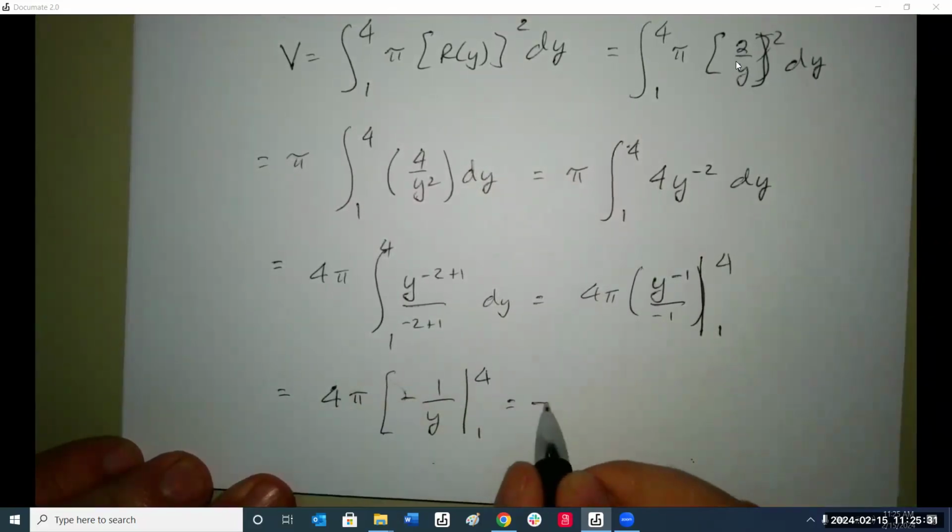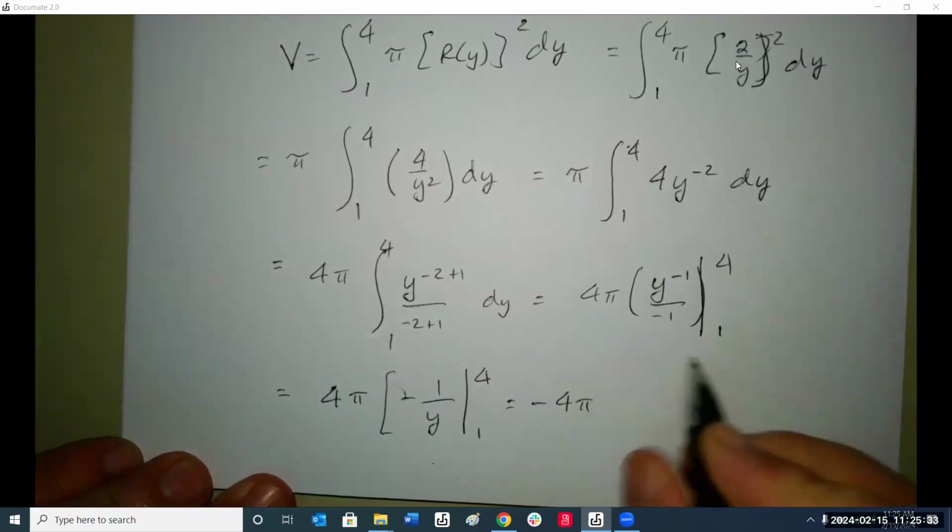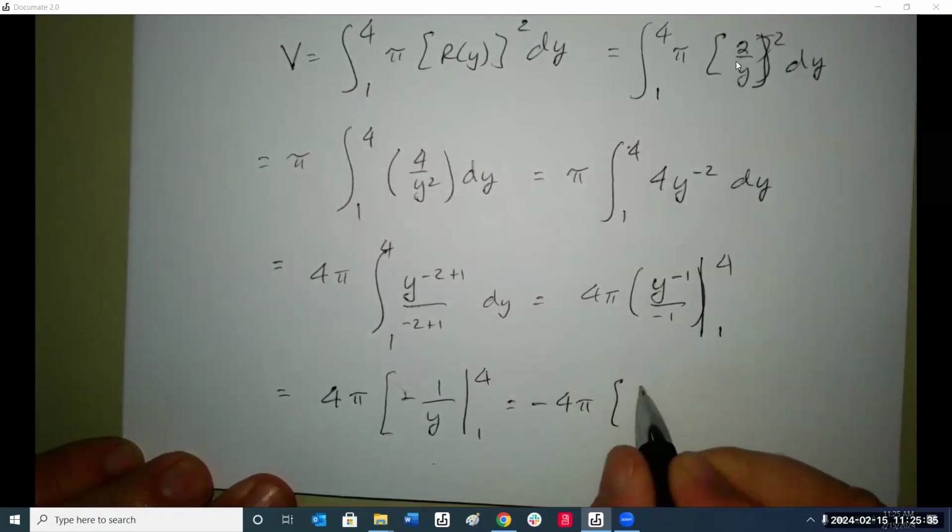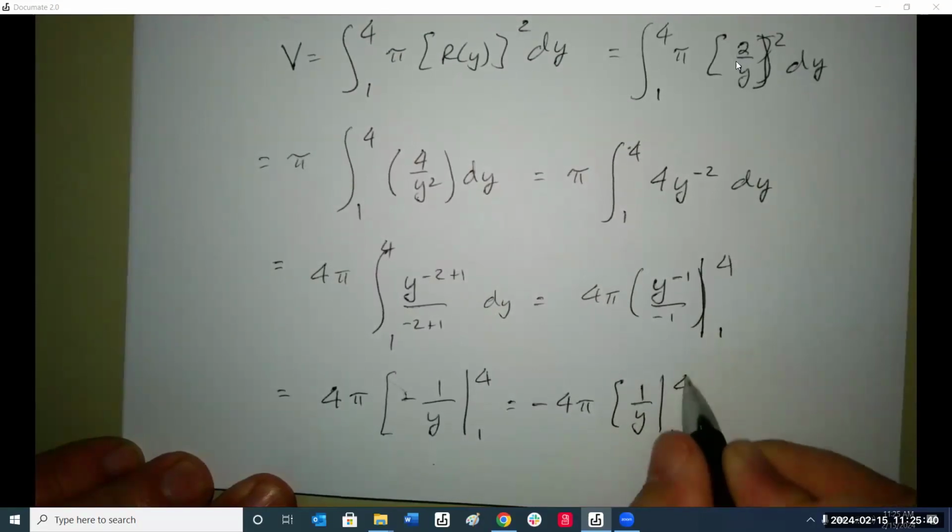The negative comes out in front: one over y from 1 to 4.